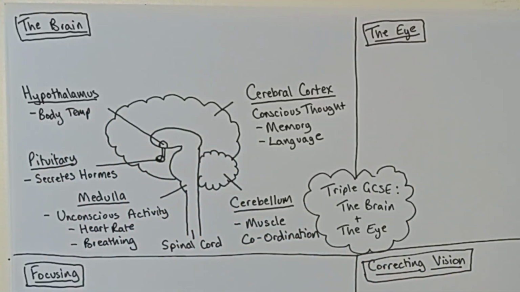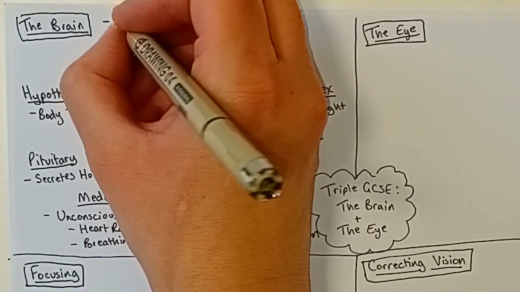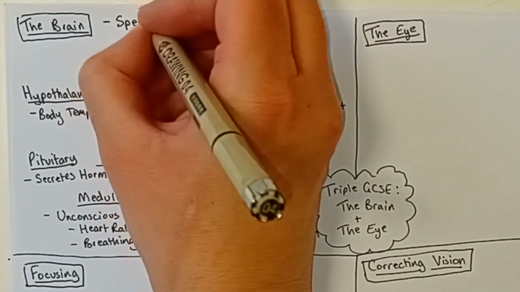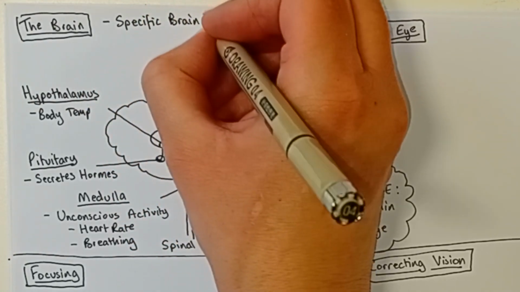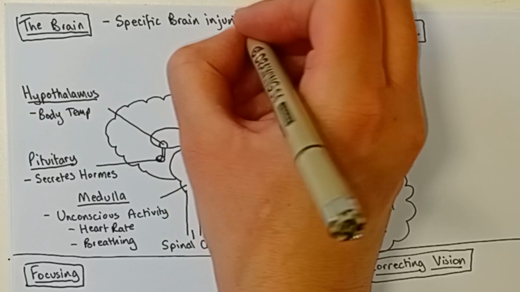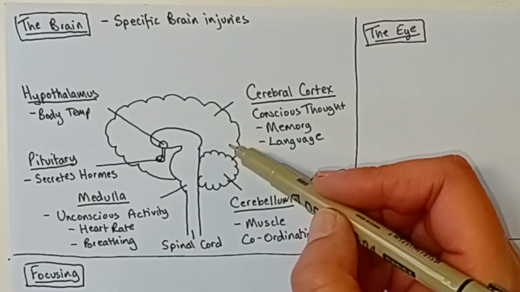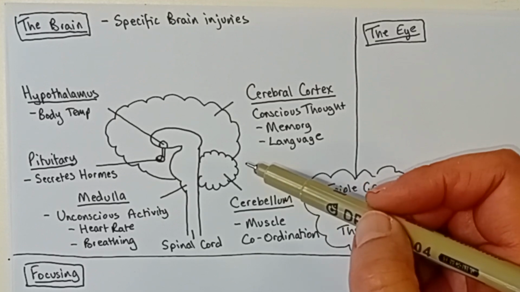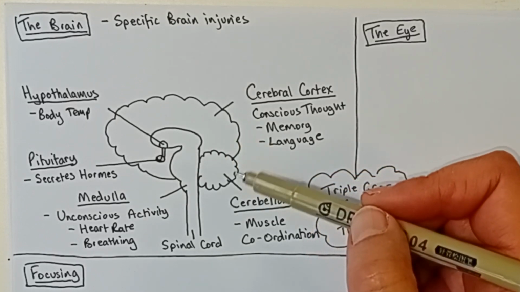Studying the brain is really difficult. One of the main ways which we learned which part of the brain does what was by studying people with specific brain injuries. So if somebody's got damage to a particular part of the brain and they lose the ability to do something, then you can guess that that part of the brain coordinates that function.